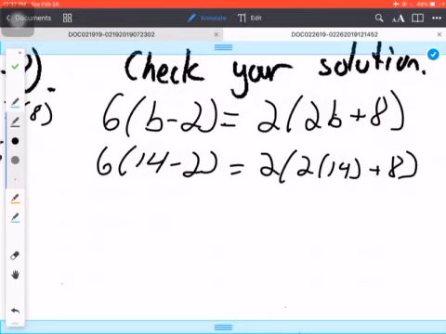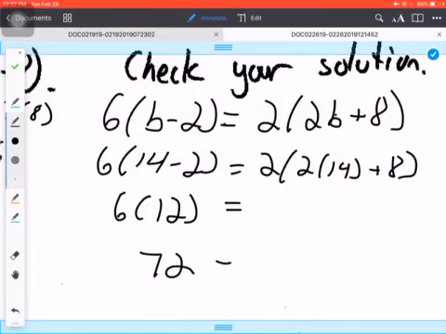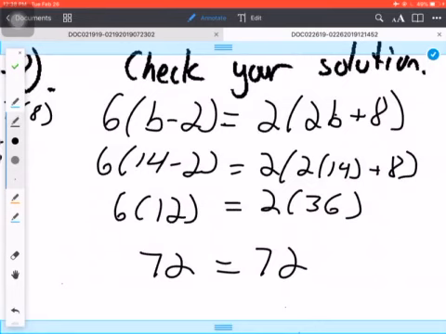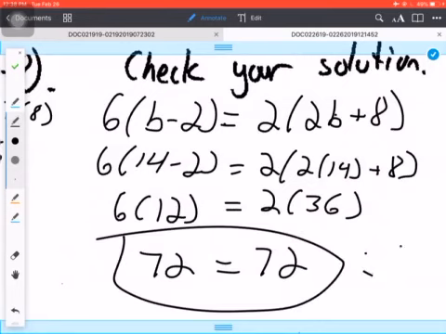So, parentheses first, 14 minus 2 is 12. And 6 times 12 is 72. On the right side, I have 2 times 14, which is 28, plus 8, which is going to be 36. So I have 2 times 36. And 2 times 36 is also 72. So that checks out.